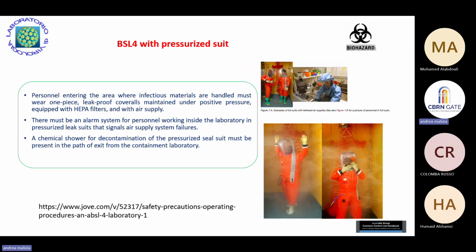In BSL4 with glove box you use this suit, and after the work you dispose of this suit. Not in this situation. Okay.